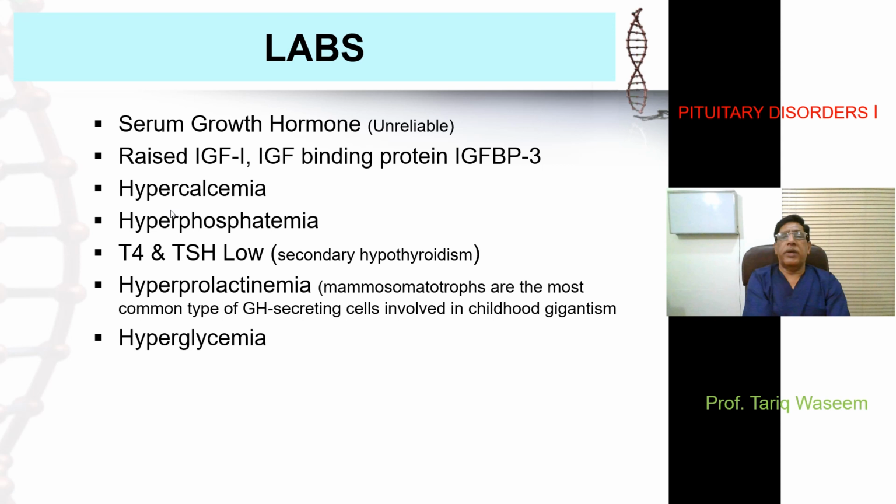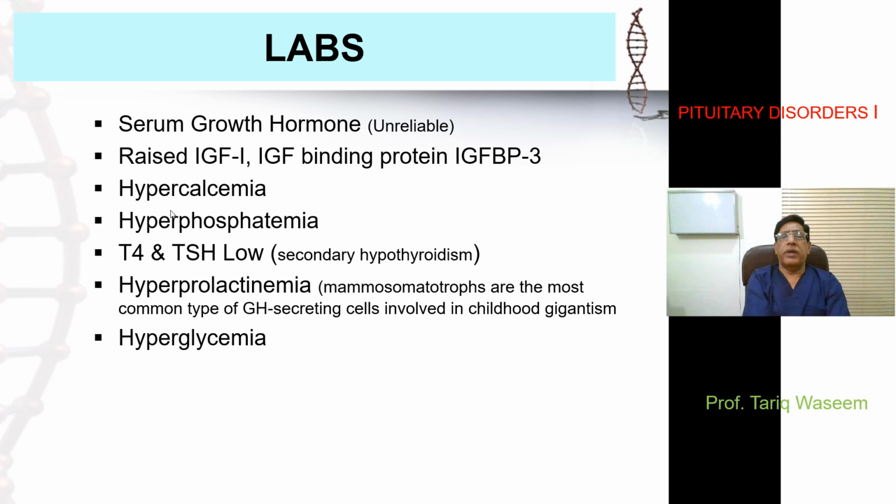Sometimes these patients may develop some hypercalcemia and hyperphosphatemia as well. They may have, not always, decreased TSH and secondarily decreased T4 as well, if the growth hormone producing adenoma is pressing onto the TSH producing cells. We did talk about hyperprolactinemia.